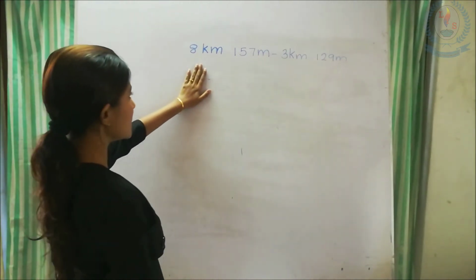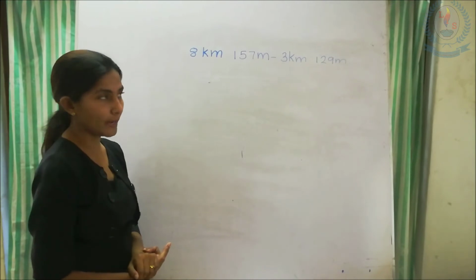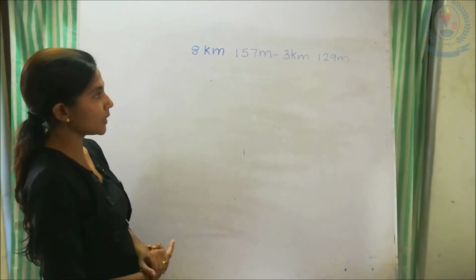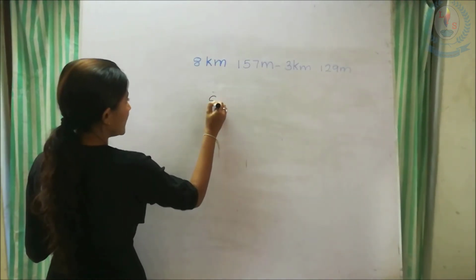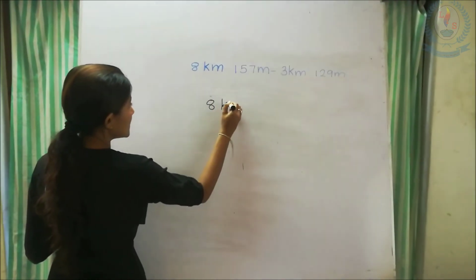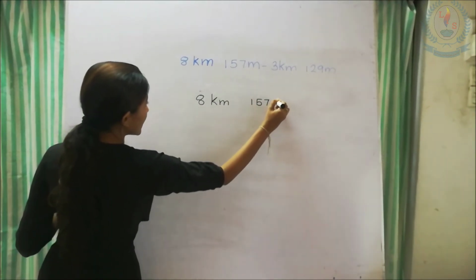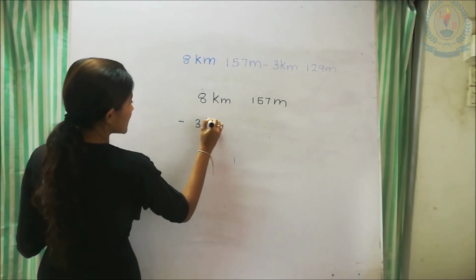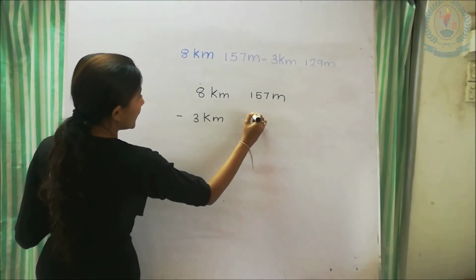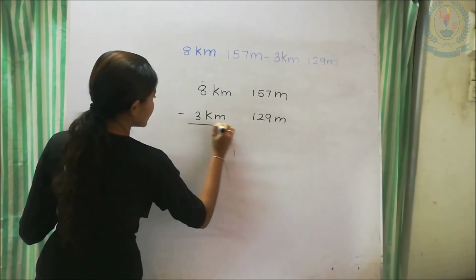Right, now you think you have a question like this. 8 kilometers 157 meters, subtract or minus 3 kilometers 129 meters.